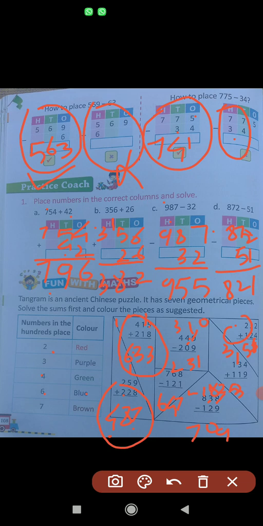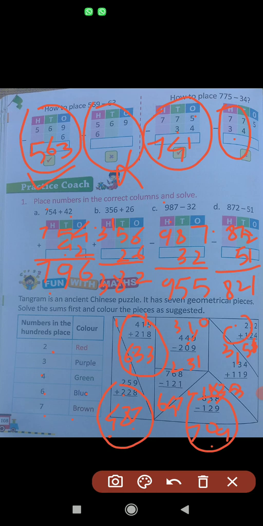Okay, the last question and the last color remaining is brown. For brown, see where 7 comes in the hundreds place in the answer. When we subtract 129 from 838, in the answer 7 comes in the hundreds place.